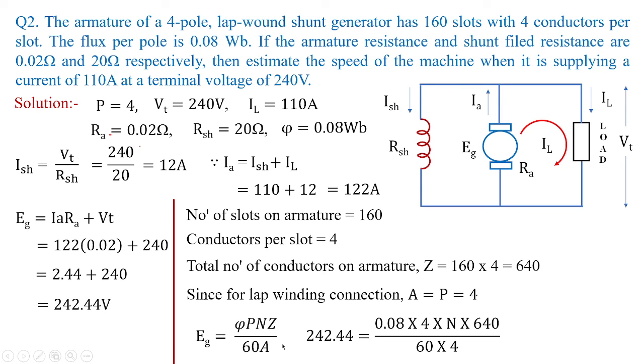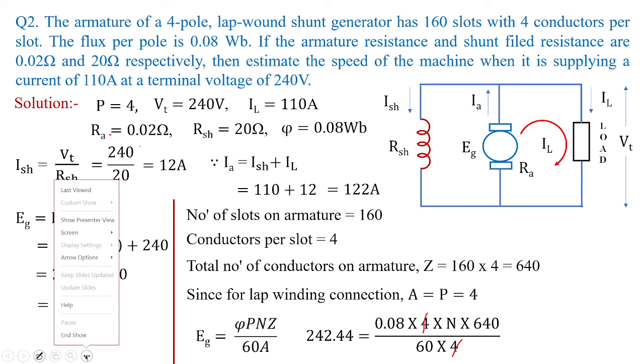Now with this calculation, you can easily observe that this 4 will cancel out. And 242.4 can be multiplied with 60, whole divided by 640 multiplied with 0.08.